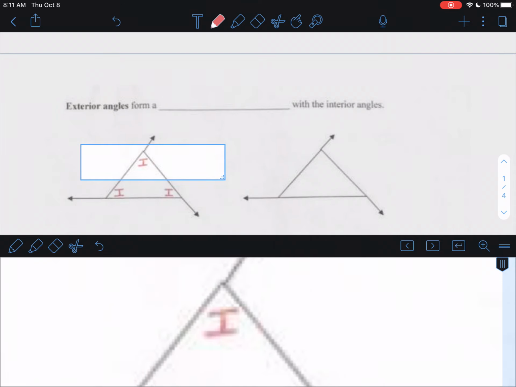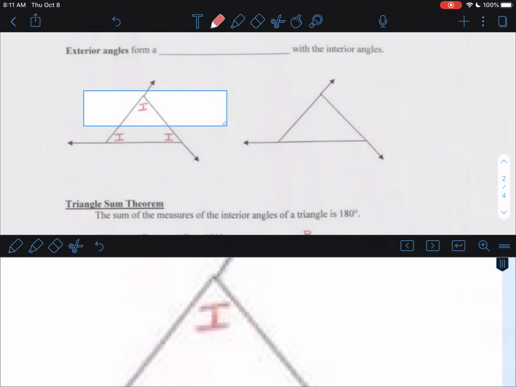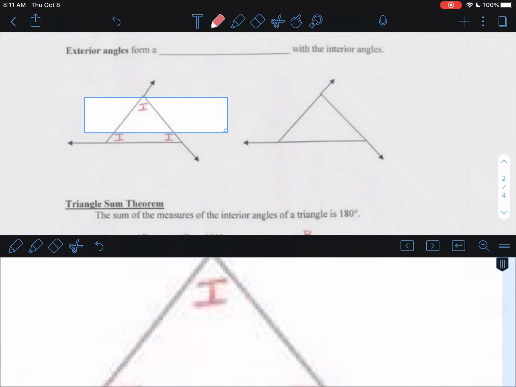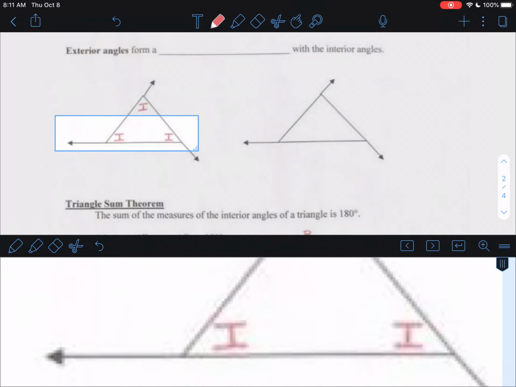As we can see here, they labeled them with the I's to mark that they're interior angles. And the exterior angles are going to be, if we were to continue each of these lines like they did there, then the exterior angle would be this angle here. So that's the exterior angle.